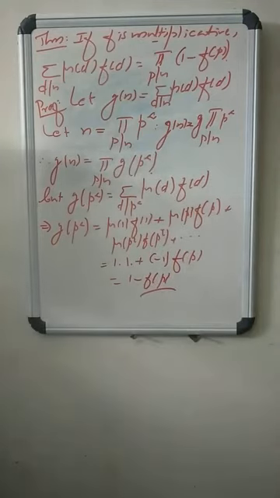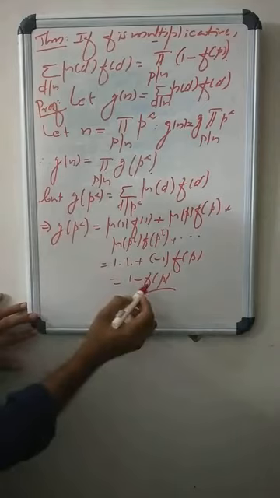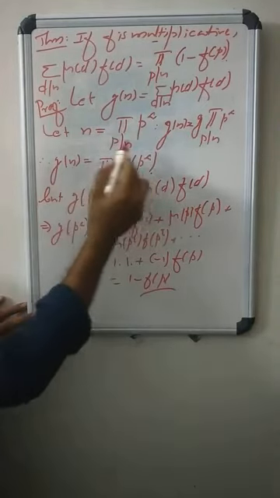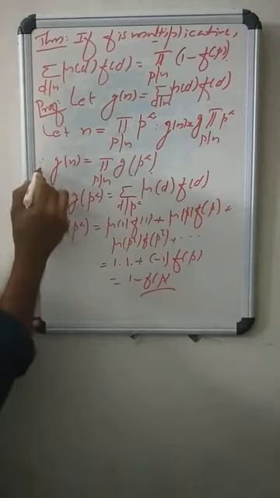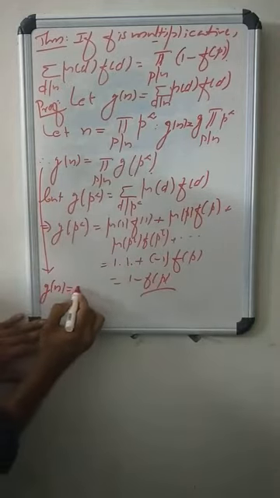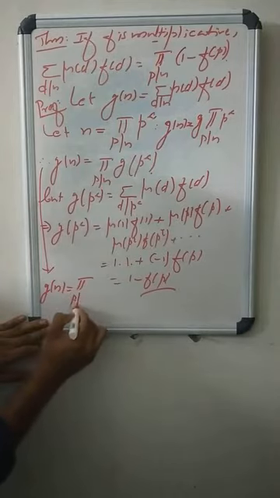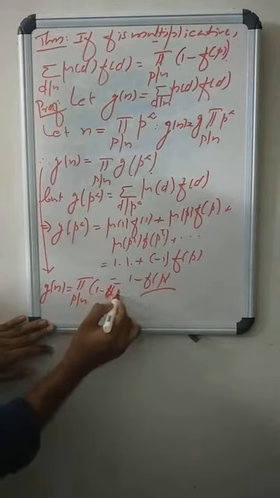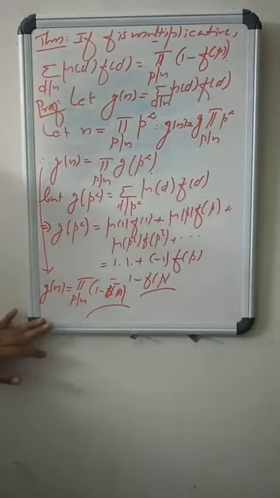So g of p power a equals 1 minus f of p. Therefore g of n equals the product over p dividing n of g of p power a, which means the product of 1 minus f of p.